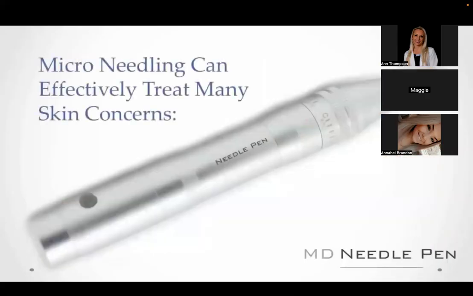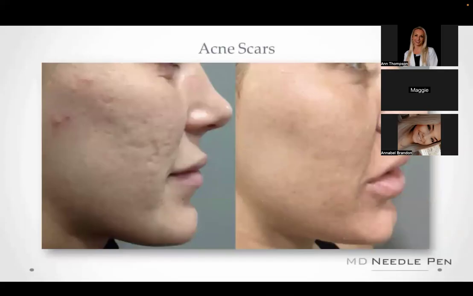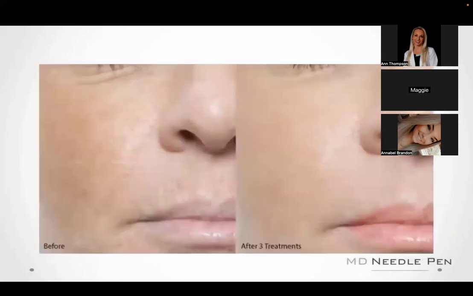Microneedling is an effective treatment for many skin concerns, as we can see by analyzing these real-life before and after photos. Before treatment, observe that the acne scars are very deep and pigmented, but after microneedling, the skin is smoother and pigment is diminished. Notice the pronounced smoker's lines here before microneedling. After treatment, the lip lines and wrinkles are minimalized.